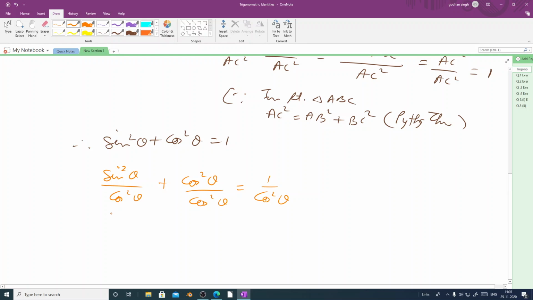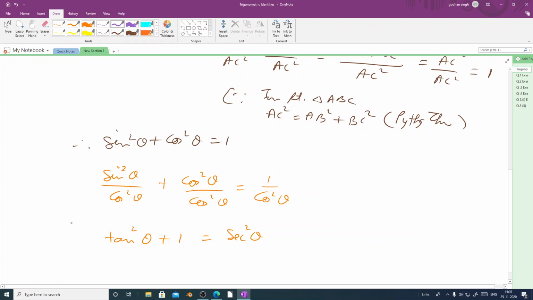And you all know that sine theta over cos theta is tan theta, so here we will get tan square theta plus cos square theta over cos square theta, that will be 1, equal to, what is 1 by cos? That is sec. So we will get sec square theta.